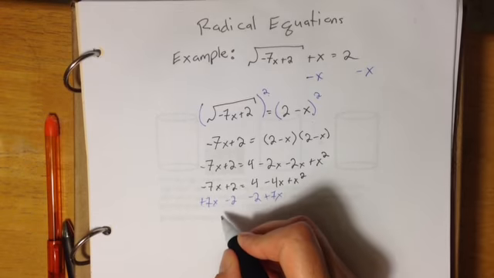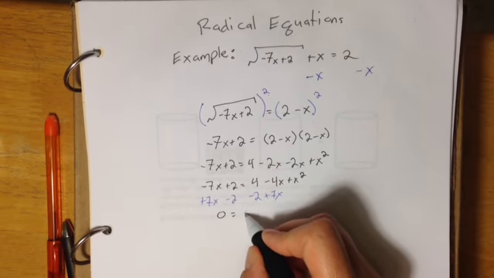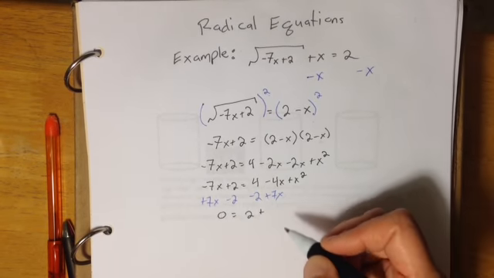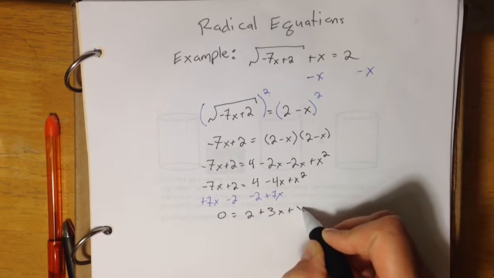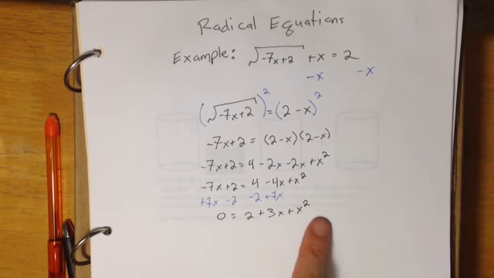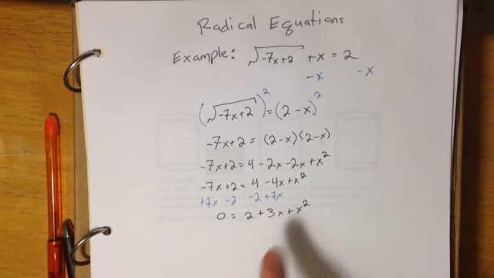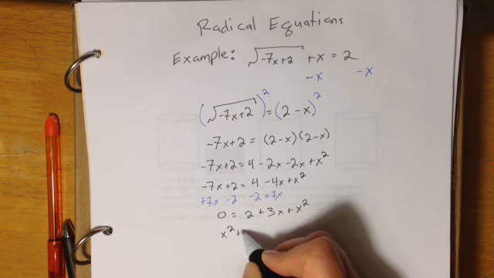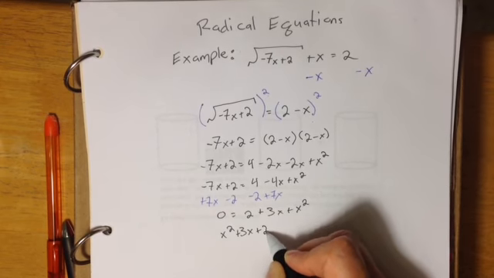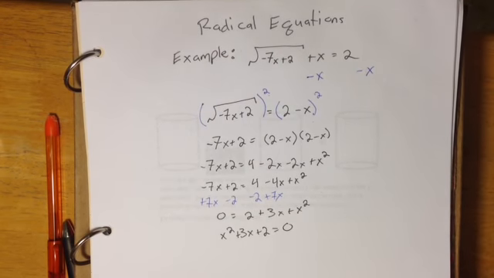That leaves me with 0 equals 2 plus 3x plus x squared. And just out of habit, I'm going to rewrite this with the x squared first, so that I have x squared plus 3x plus 2 equals 0.